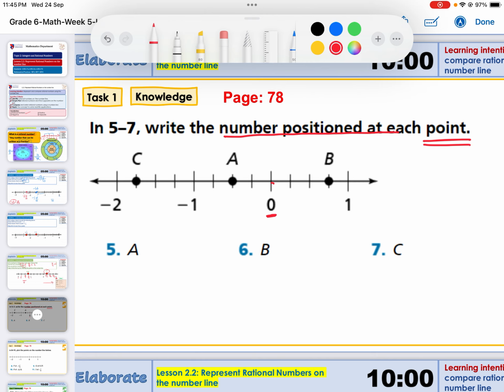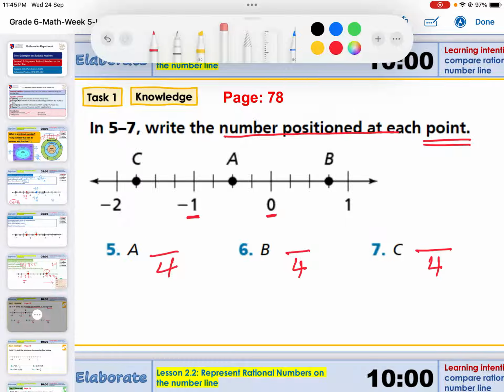I'm going to look between 0 and -1. I'm going to check the interval, the distance between 0 and -1. It's cut into how many equal parts? As you can see, 1, 2, 3, 4. So your denominator will be 4 in all of them.